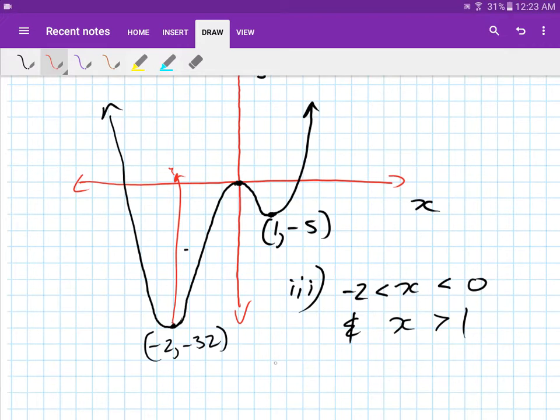So therefore, for part 4, k must be greater than 32. If you add 32, the point will go all the way here and up, but it has to be greater. No solution means it has to be always positive, if you like. So it has to be greater than 32.